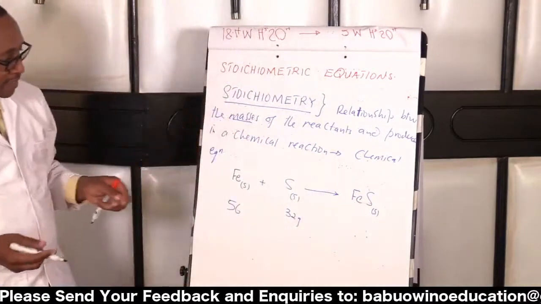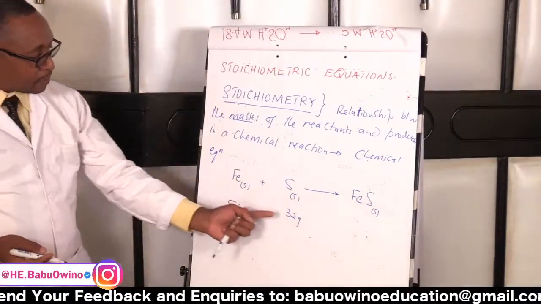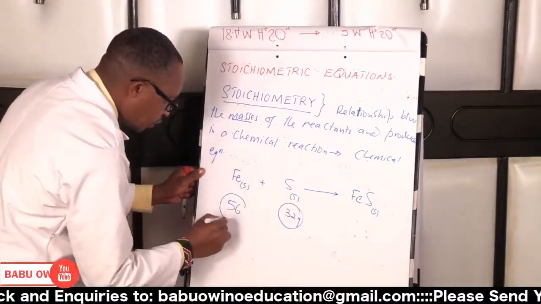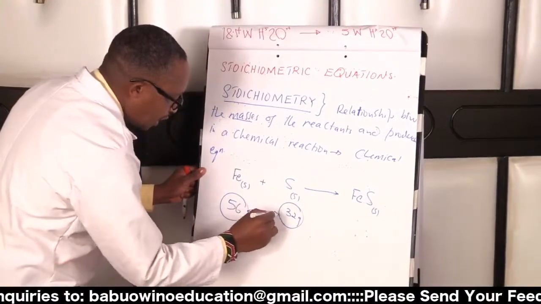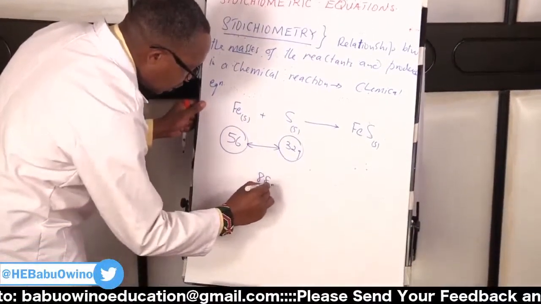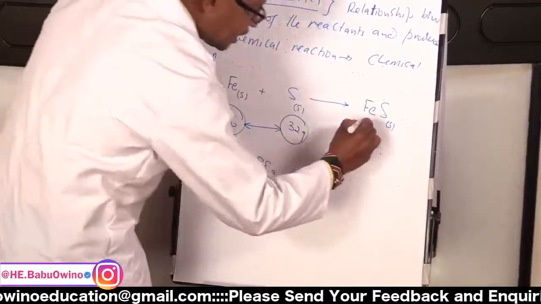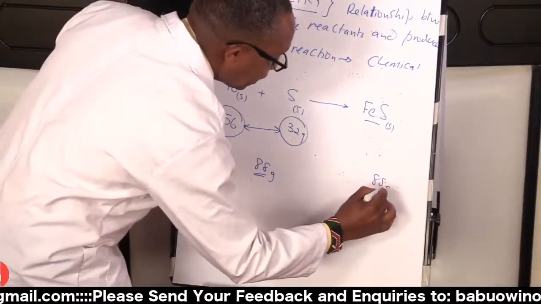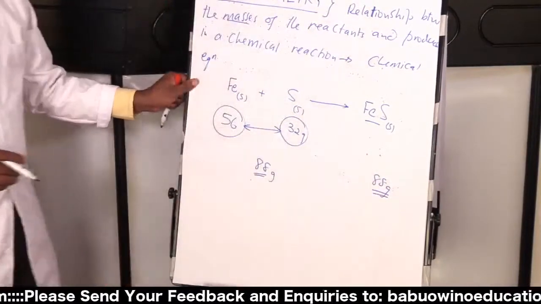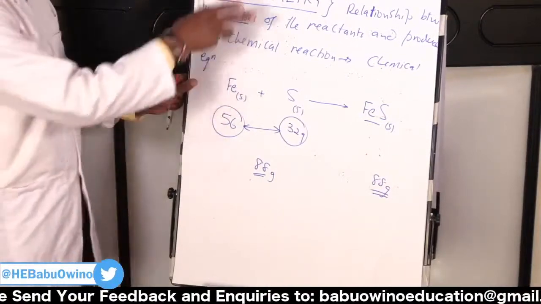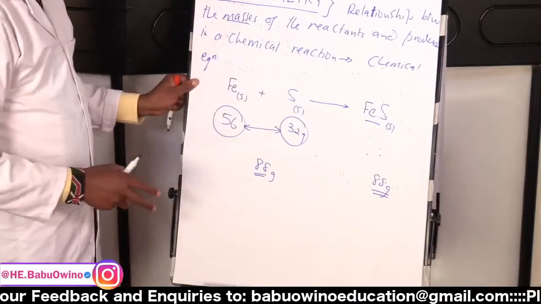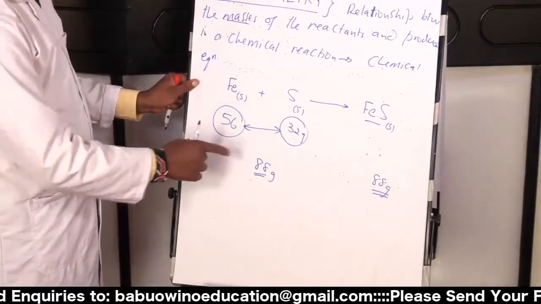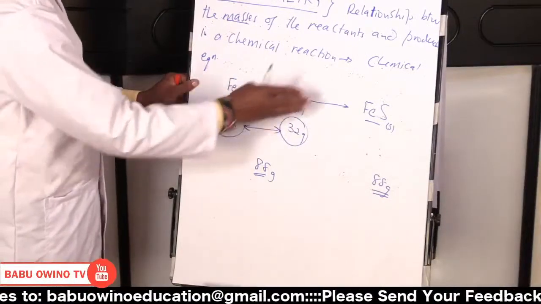If you work out the masses, if you take 32 grams of sulfur and 56 grams of iron, the two will combine completely, forming iron sulfide, which is 88 grams. This is simply to say that we are dealing with stoichiometry, and an equation like this one is a stoichiometric equation, giving us the relationship between the masses on this side and the masses on that other side.